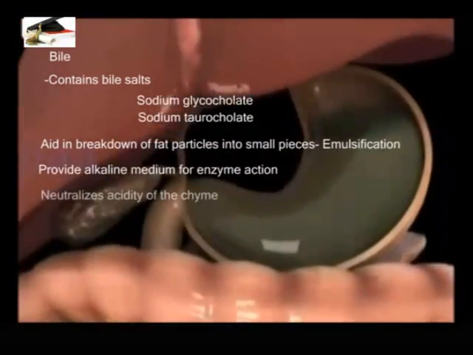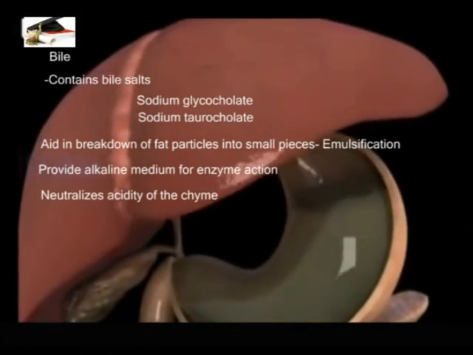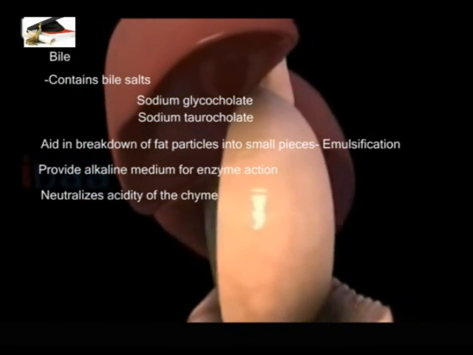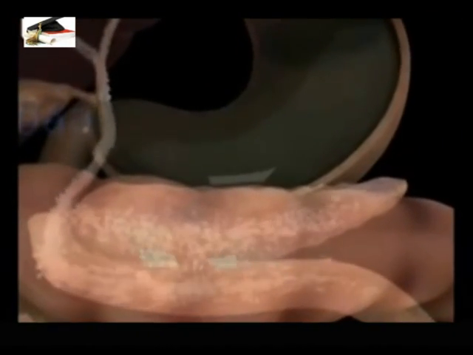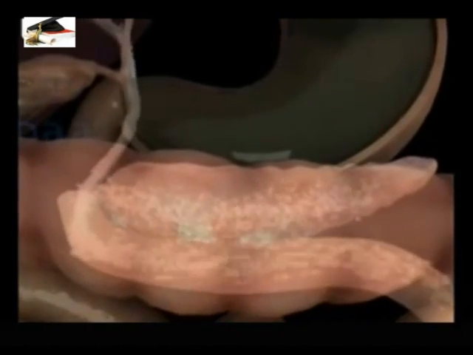They also neutralize acidic chyme from the stomach, which contained hydrochloric acid. Once the food has been acted upon by the enzymes, it is then passed to the next section of the small intestine, the ileum.